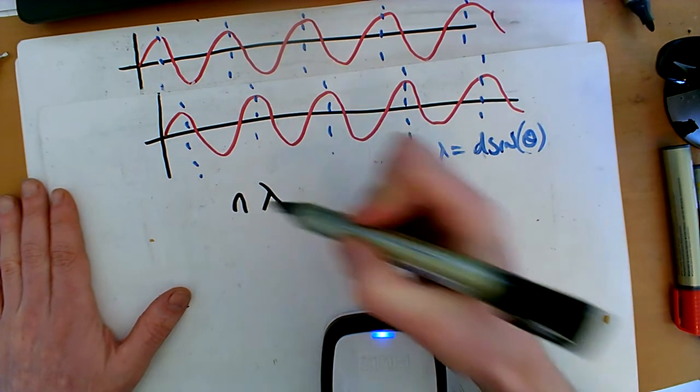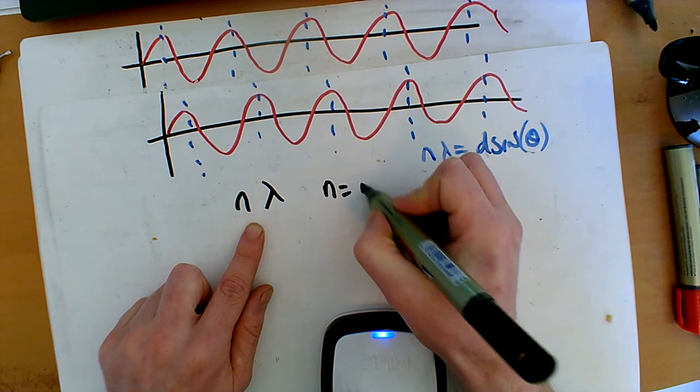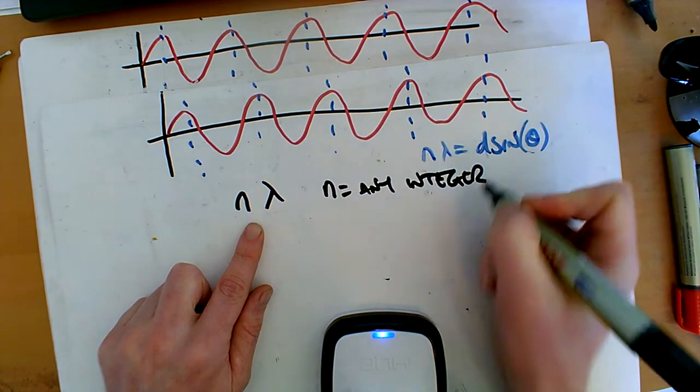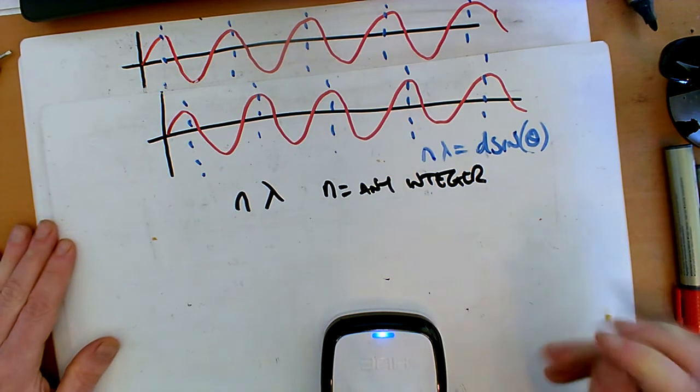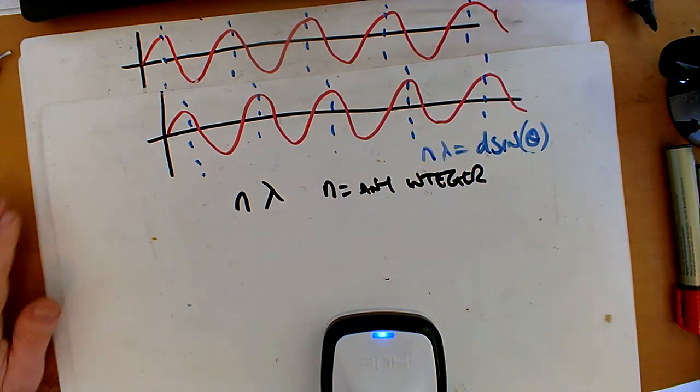If I have a path length of n lambda, where n is any integer and lambda is the wavelength, then we have maximum constructive interference.